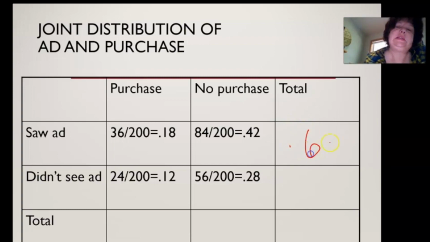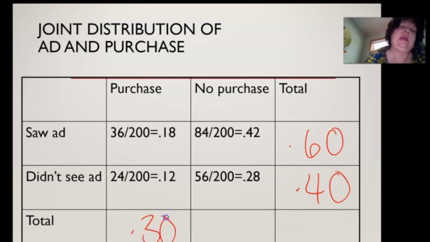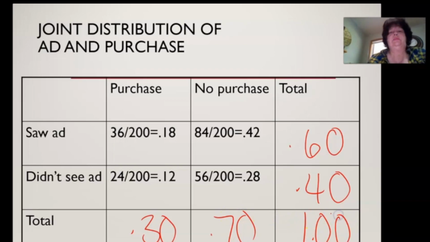And then we get here 60-40 for percentages and 30-70 for percentages, and that will add up to 1. So this just gives us a breakdown, like, okay, 18% of them saw the ad and made a purchase. 28% of them didn't see the ad, didn't make a purchase, for example.